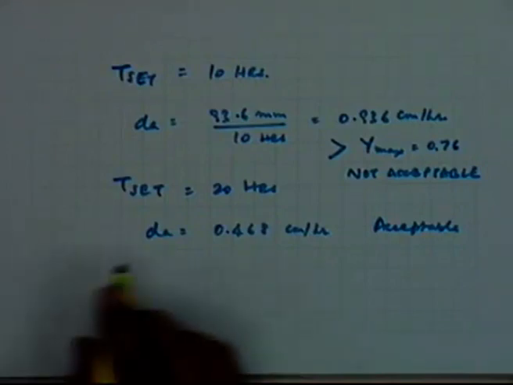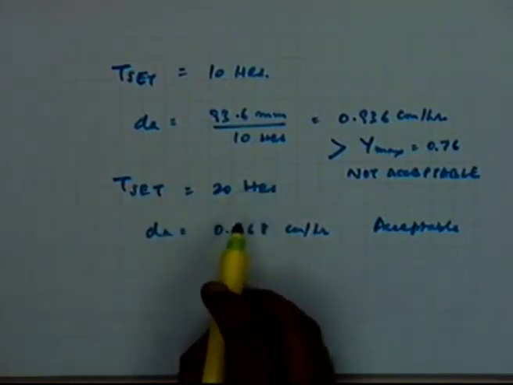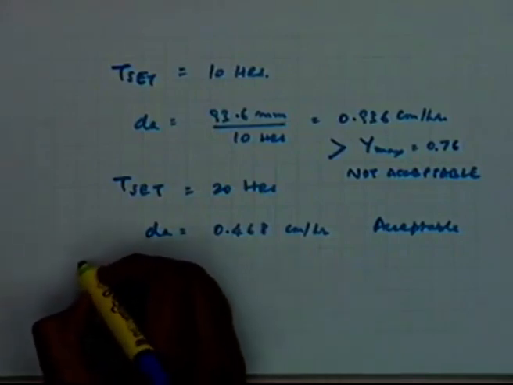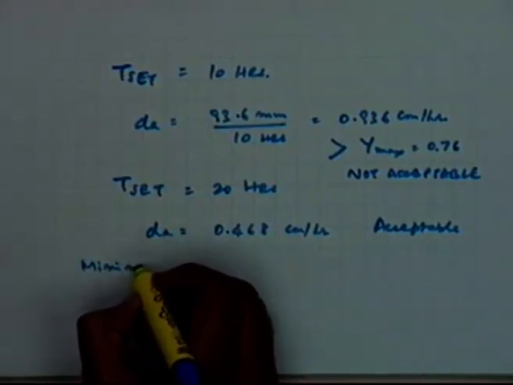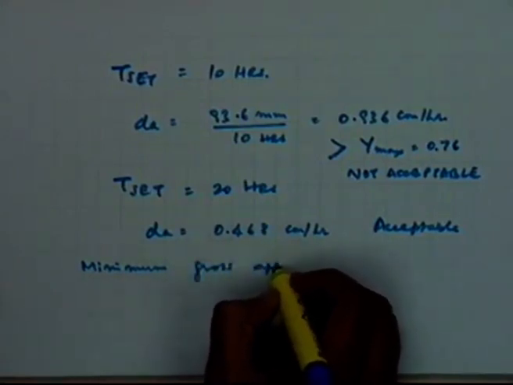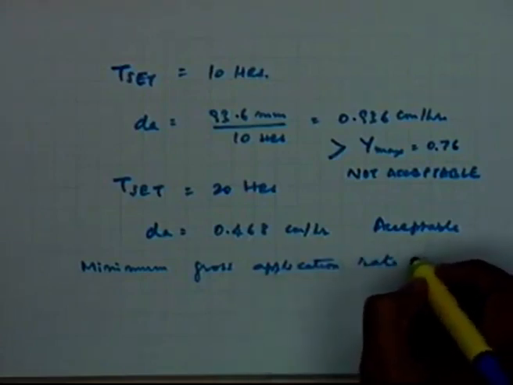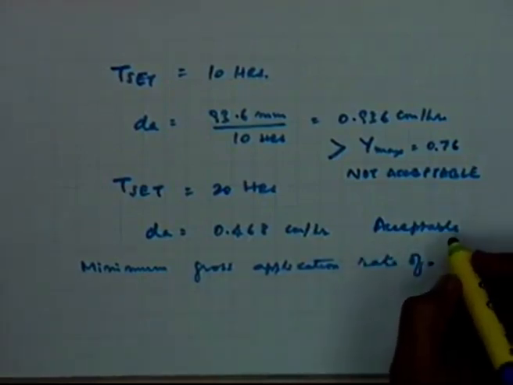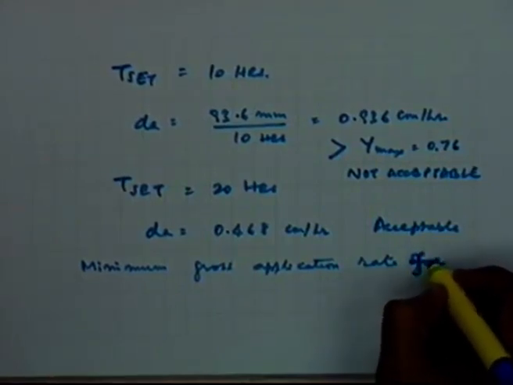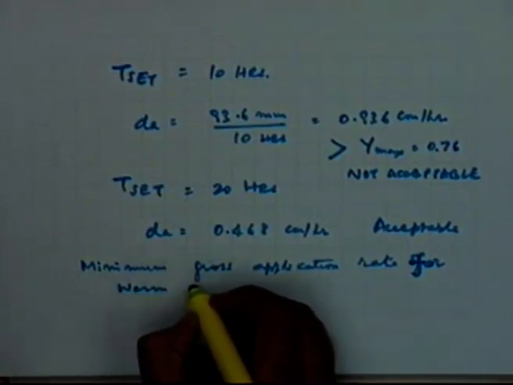Now, with respect to this selection of T set, you can also find out the minimum gross application rate for the warm maritime condition.